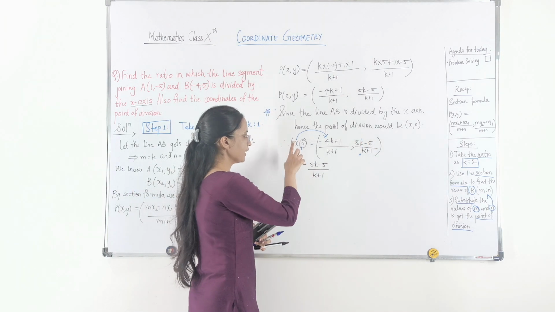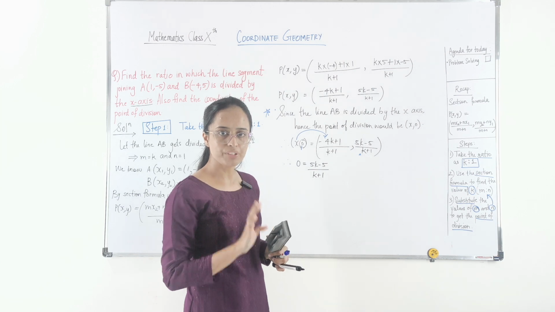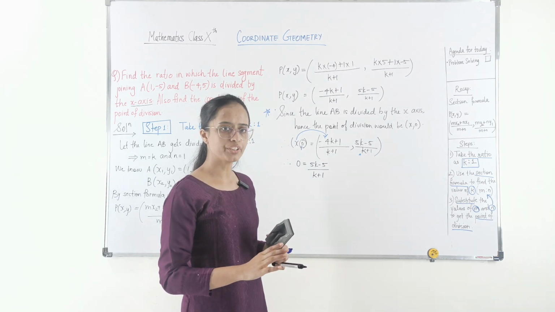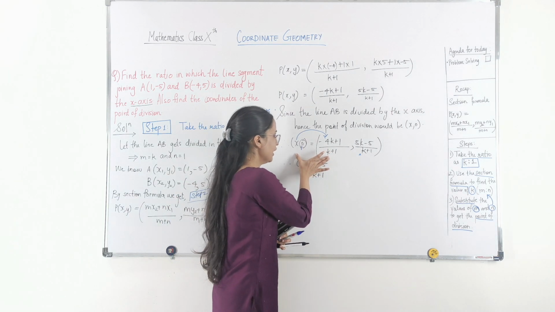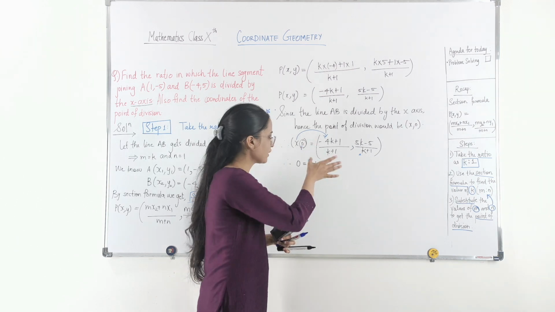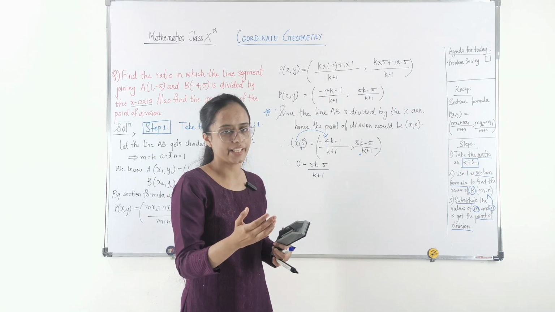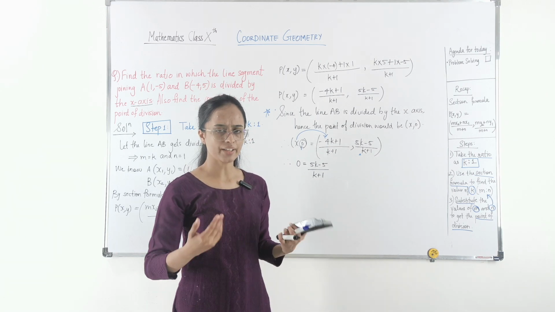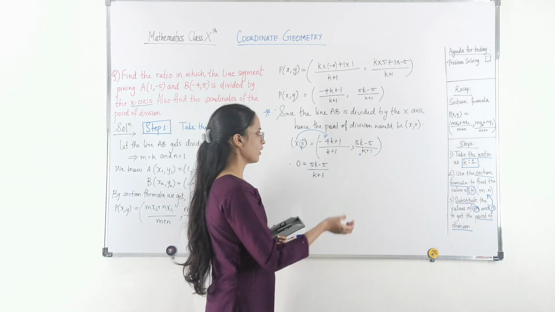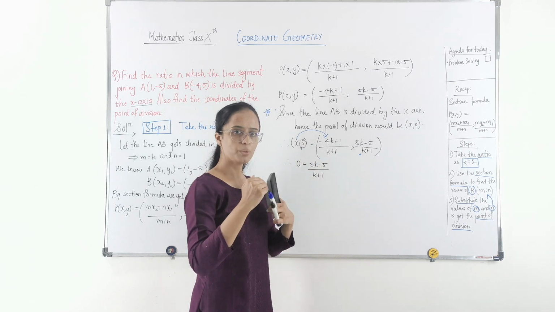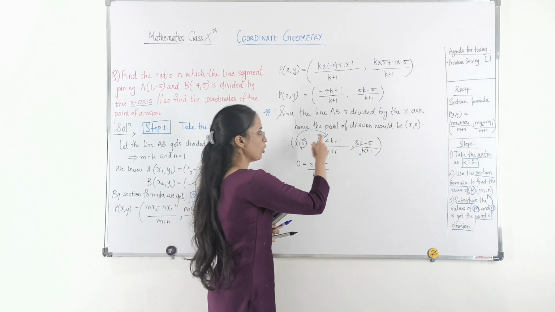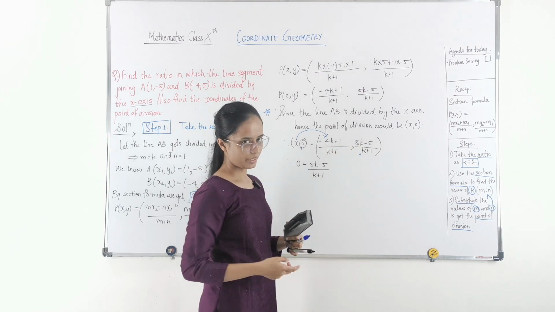So here, since I want to find the value of k, I won't be taking the x coordinate, because if I take the x coordinate and write in this form, there would be two unknowns, x and k. Hence we wouldn't be able to get our required answer. That is why I am taking the y coordinate. I would be equating 0 with 5k minus 5 upon k plus 1.